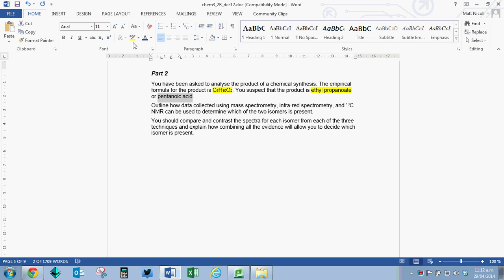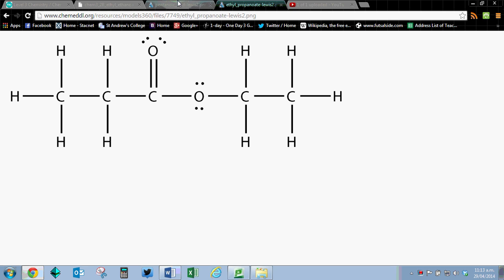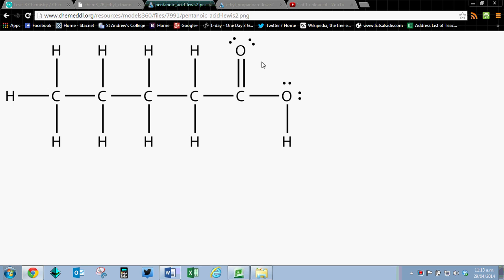So my first thing would be to draw both of those and show every chemical bond, so I can see what fragments would be made in mass spec, and also so I can start seeing similarities and differences between them. If I have a look at them very quickly, I can see that they've both got a CO double bond in them, so I'd expect that to be pretty similar in infrared.